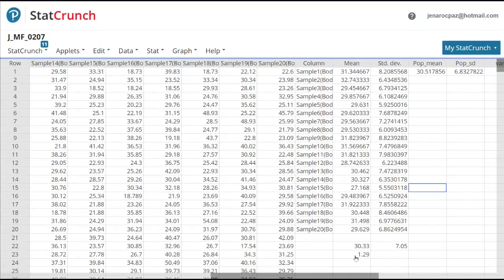And the sample size in this case is 30. So if we divide 7.05 by the square root of 30, we will have that these two values are related by that formula.